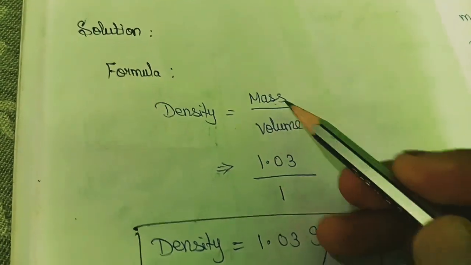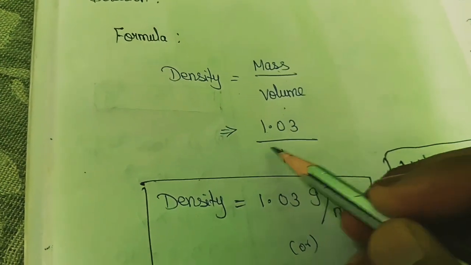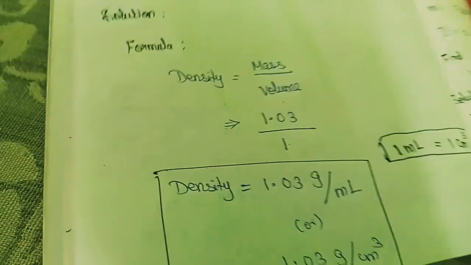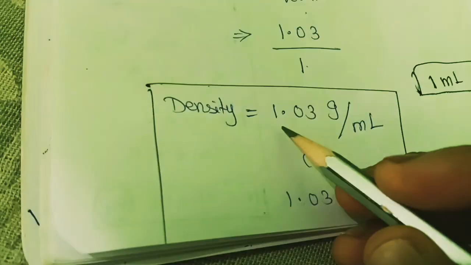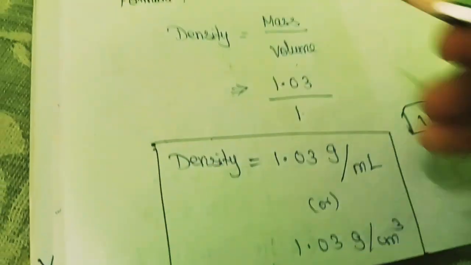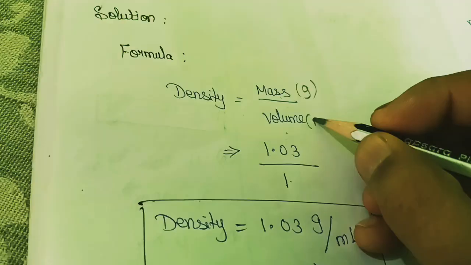So what's the density formula? Density is equal to mass by volume. So mass 1.03 divided by volume 1. Anything you divide by 1, you get the same answer. So you see 1.03, and for mass you mentioned gram, and for volume you substituted milliliter.